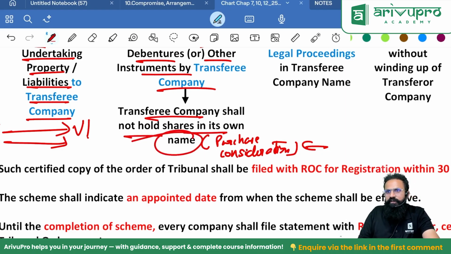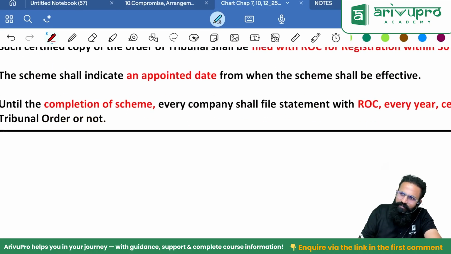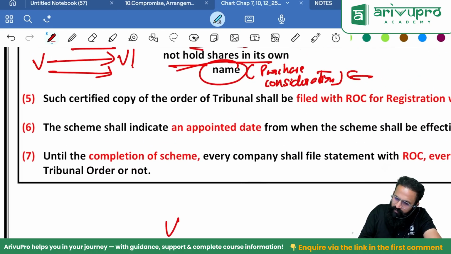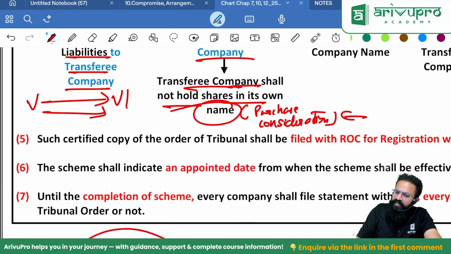Transferee company shall not hold shares. Vodafone should not have shares in Vodafone. Idea should not have shares in Vodafone. Whatever you tell, I'll draw. Vodafone Idea should not have shares in Vodafone. So the transferee company shall not hold shares in its own name.